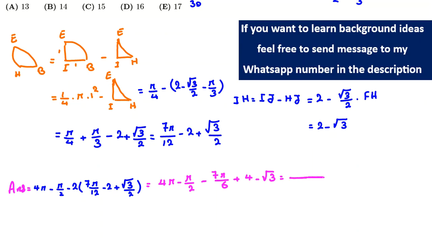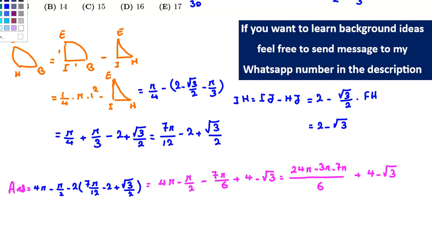And then let's use common denominator 6. 6 times 4 pi is 24 pi. Let me write it again. 24 pi minus 3 pi minus 7 pi. Okay? Now in next step, we can say plus 4 minus 3 minus root 3.